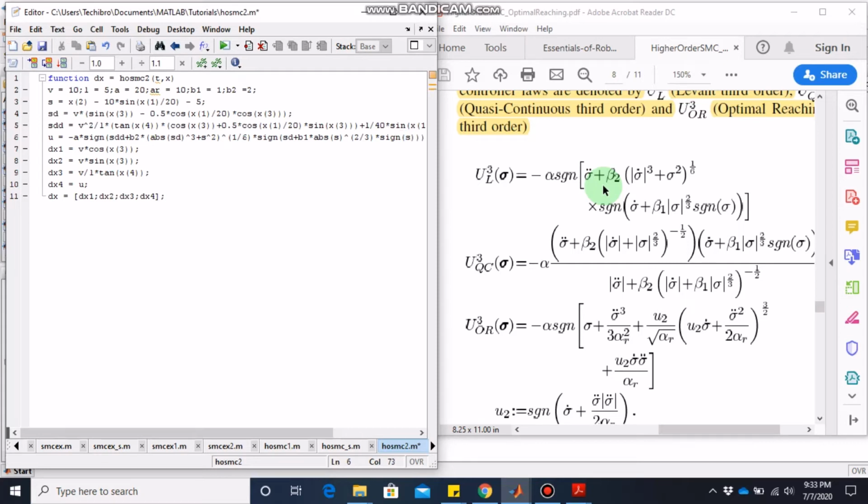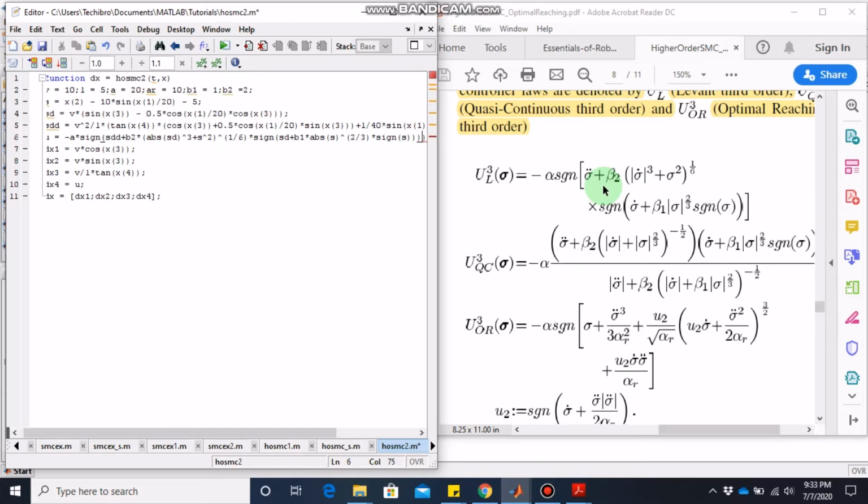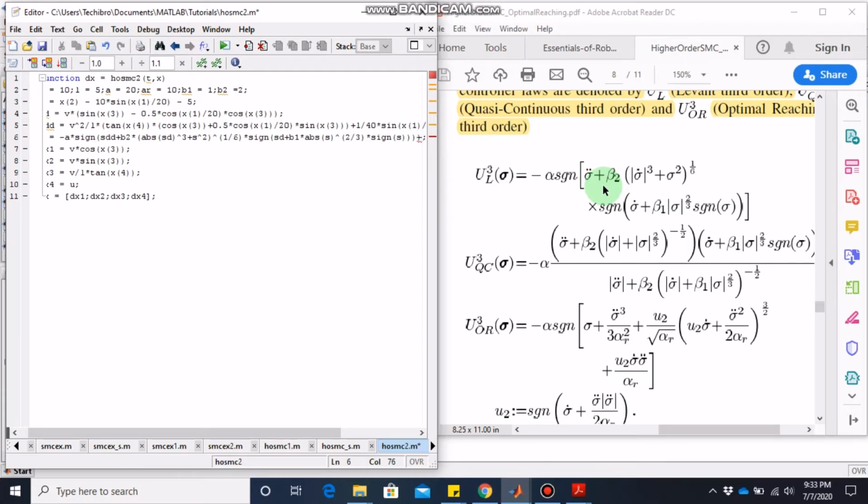So this closes the bracket, and this is the extra bracket, so remove that, and let's just double check the controller.